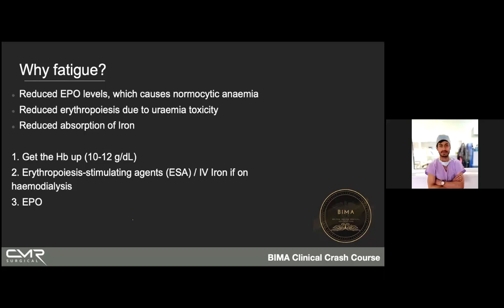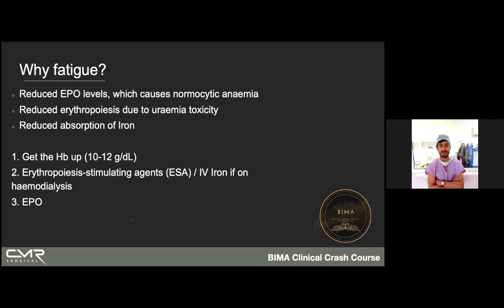You'd obviously have reduced absorption of iron as well if your kidneys are not functioning as well as possible. The uremia would also cause the anorexia and the nausea as well. Another thing that I've not mentioned, you'd obviously have a lot of blood loss due to fragility of the red blood cells, and you'd also probably have poor platelet function as well.